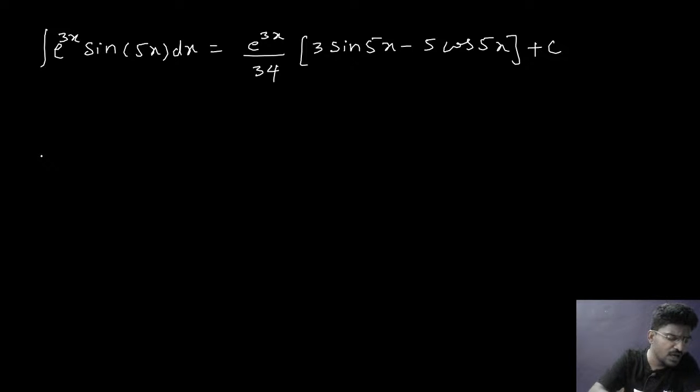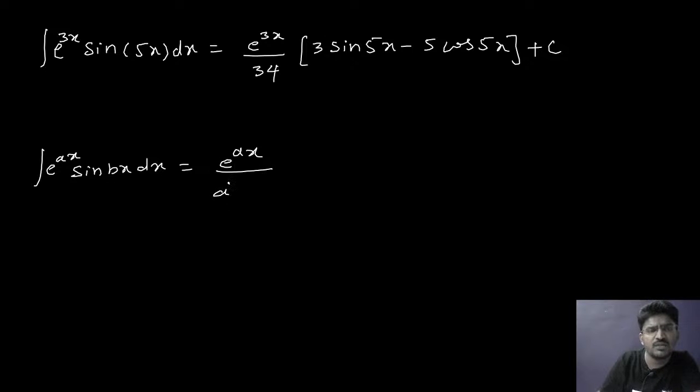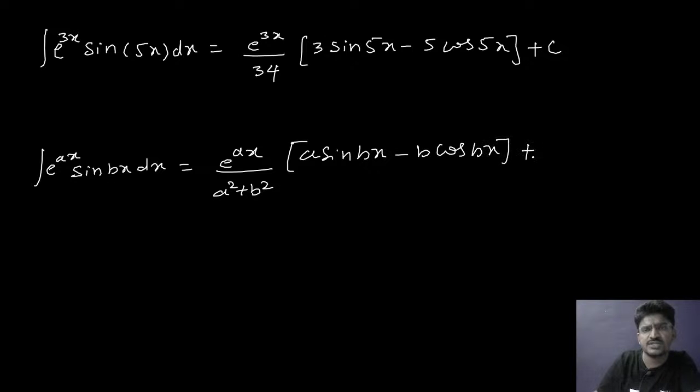The formula is: integral of e to the power of ax sin bx with respect to dx is equal to e raised to ax divided by a square plus b square, into a sin bx minus b cos bx plus c. Like this you have to simplify. You have to use this formula here.